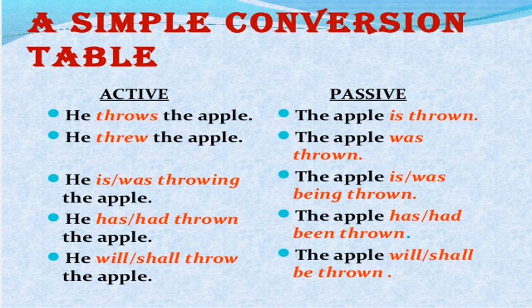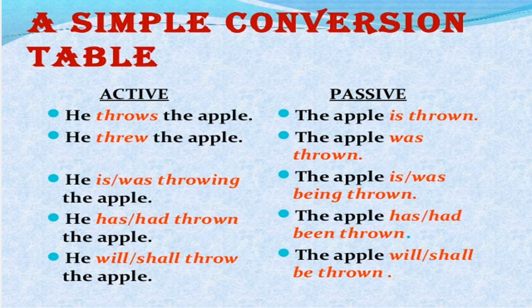The apple was thrown. He is or was throwing the apple. The apple is or was being thrown. He has or had thrown the apple. The apple has or had been thrown.